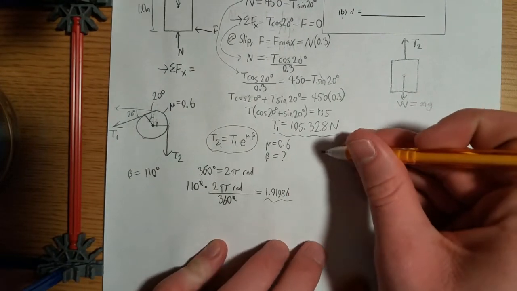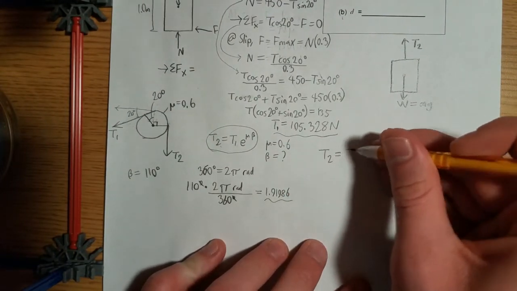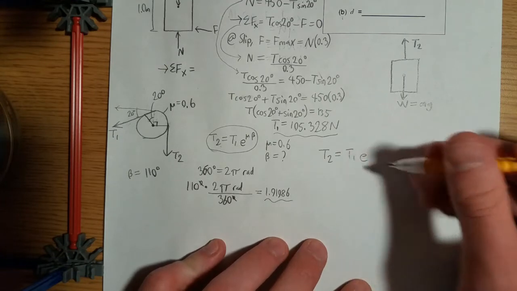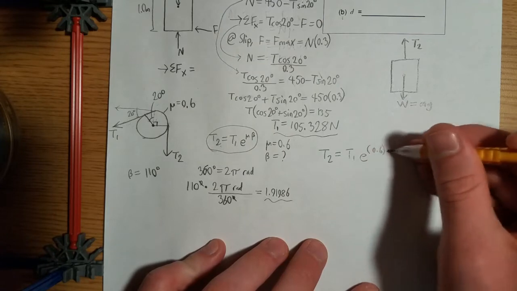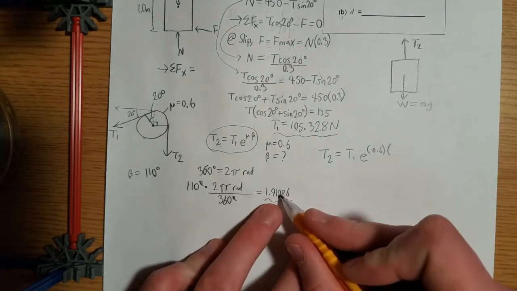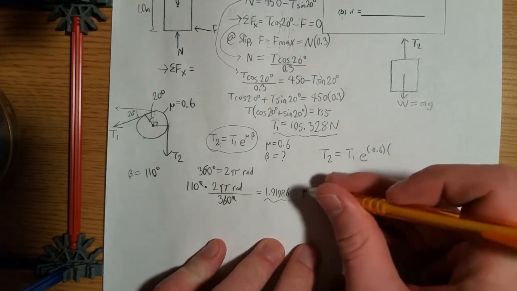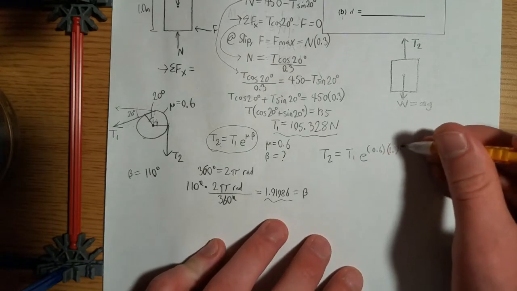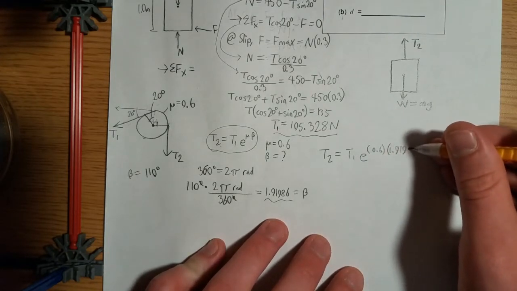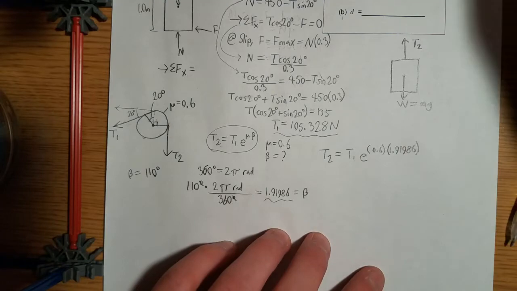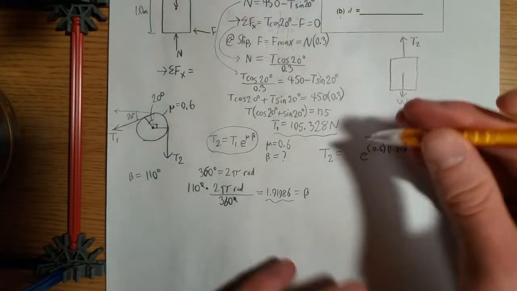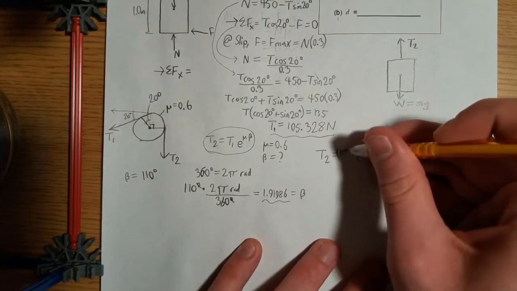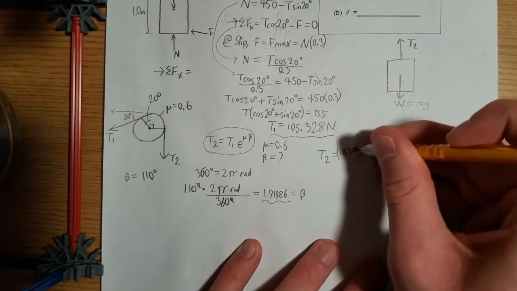And so now we can write out our equation. T2 is equal to T1 times e to the mu, which is 0.6, times beta, which we already solved for, 1.91986. I'm actually going to go ahead and substitute in. We know what T1 is, and that is 105.328.